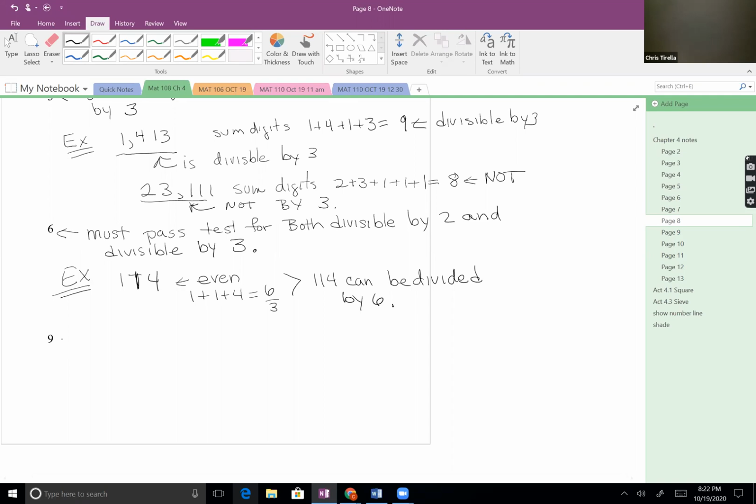And the last one we're going to look at is to tell if a number is divisible by 9. And here, the sum of the digits must be divisible by 9.